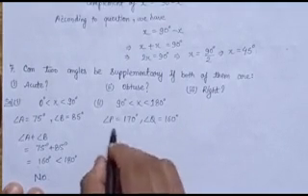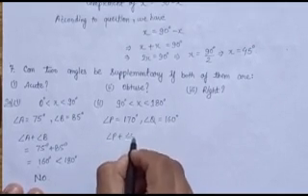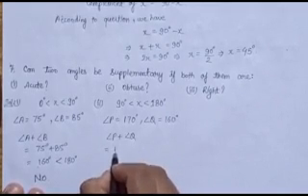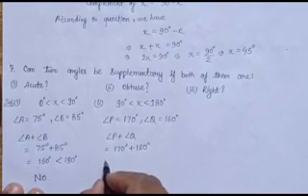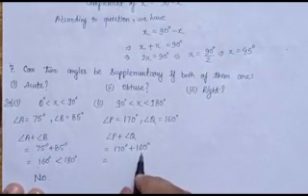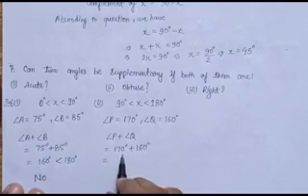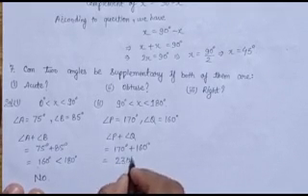Now we have to take the sum of these two angles. So angle P plus angle Q is equals to 170 degree plus 160 degree, which comes out to be 330 degree.